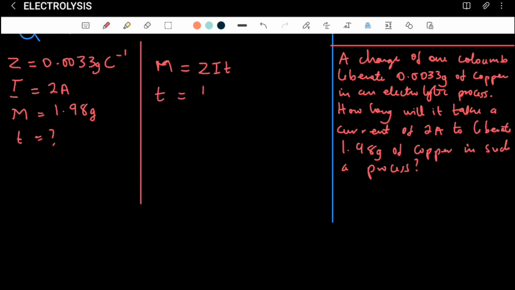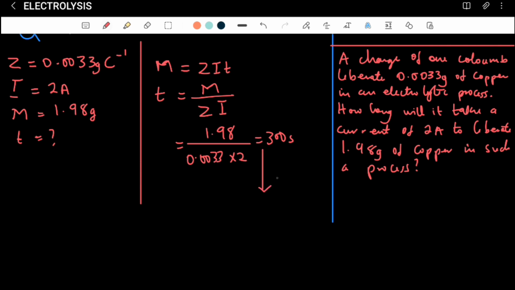T will be the mass over ECE times I, and that gives 1.98 over 0.0033 times 2. That's 300 seconds. Well, if you wish, you can convert it to minutes. That's divided by 60, which gives 5 minutes.